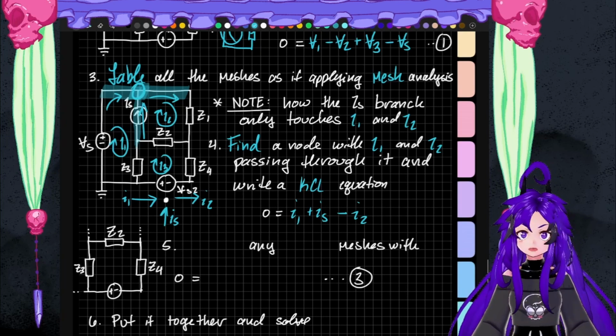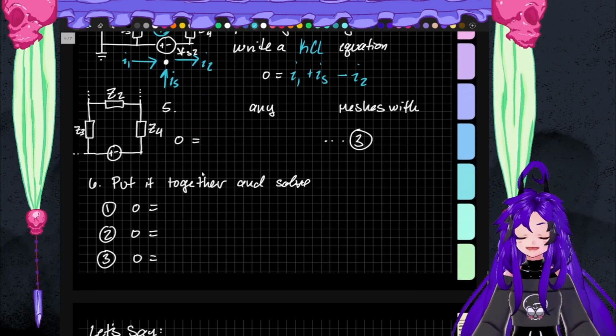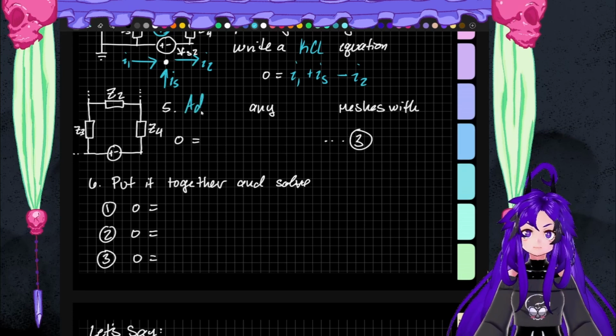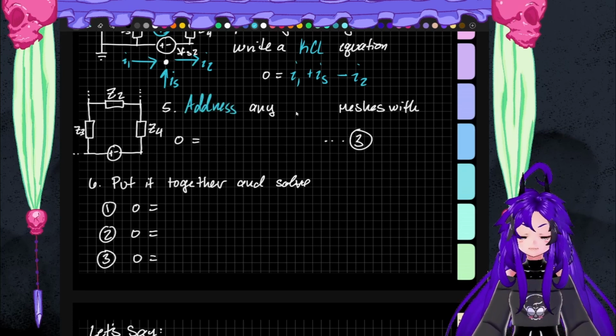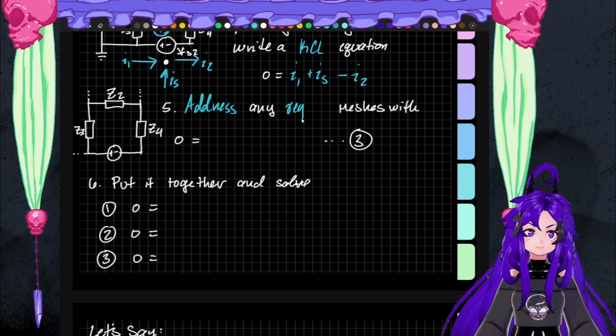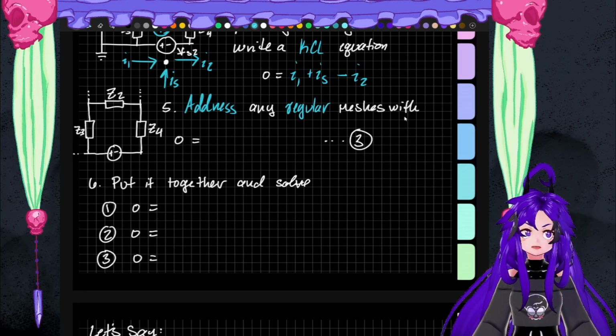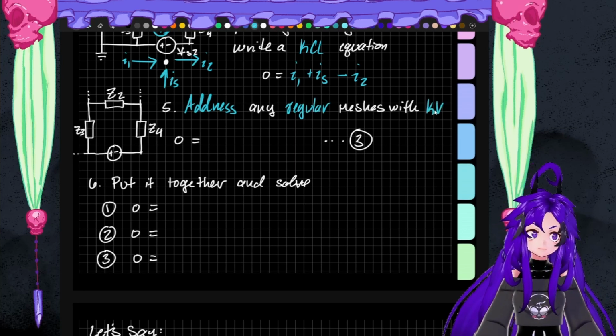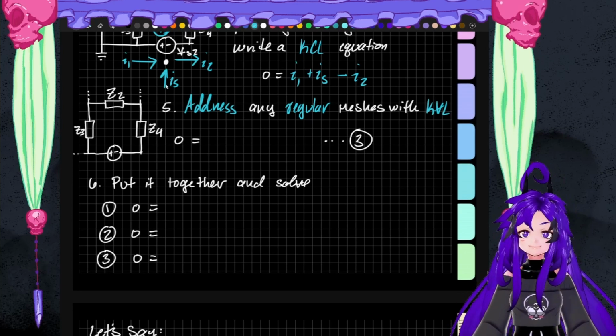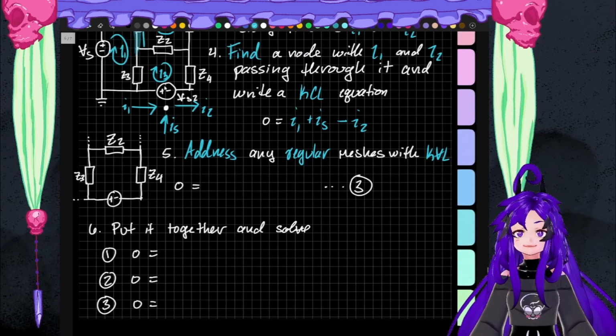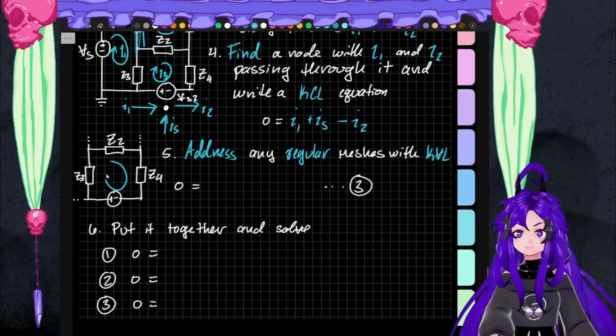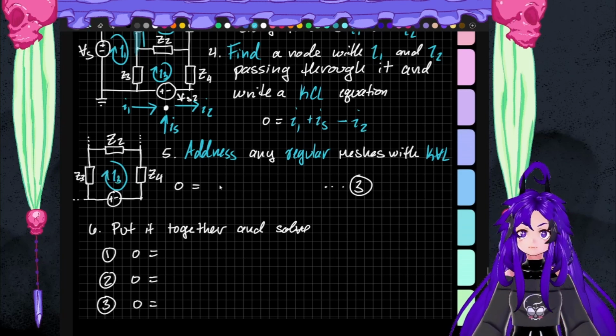Sweet. So now we're going to address any regular meshes with KVL. And there's only one regular mesh here. It's the I3 mesh. So we're just going to write it out.